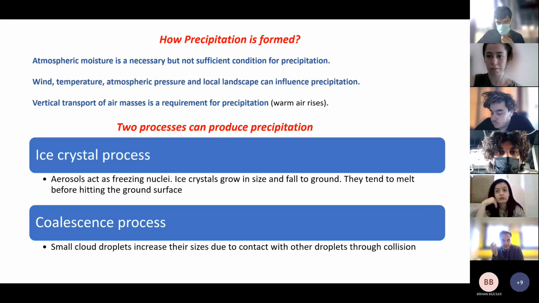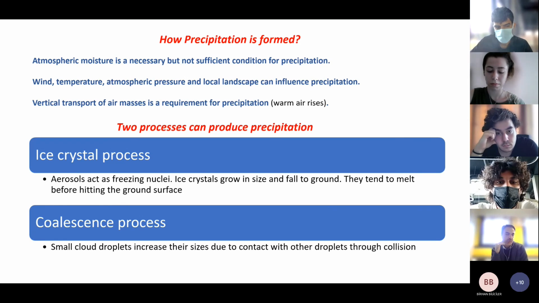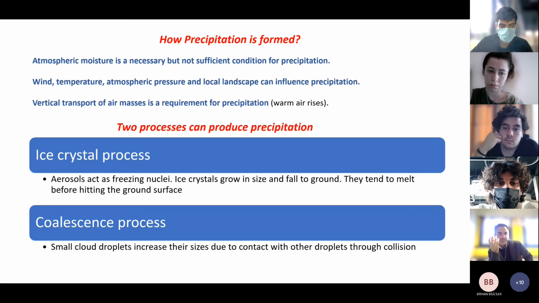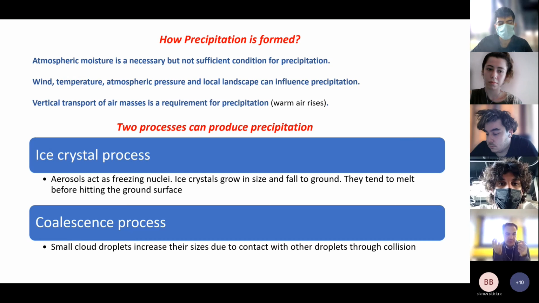You know, when the atmospheric temperature is low, cold enough, or we are in winter, and clouds have enough moisture to get frozen, and there is some nucleus, which we call aerosols, it could be dust, it could be water, could be any small particle in the atmosphere.